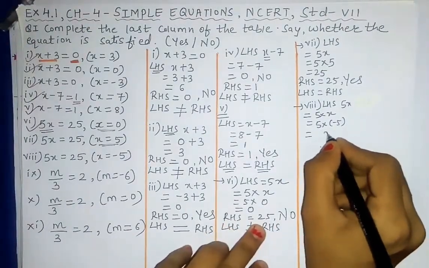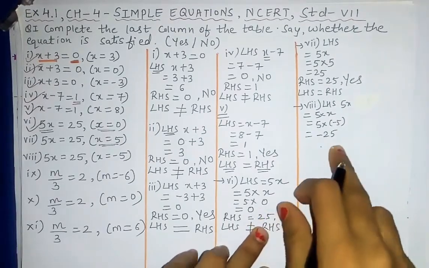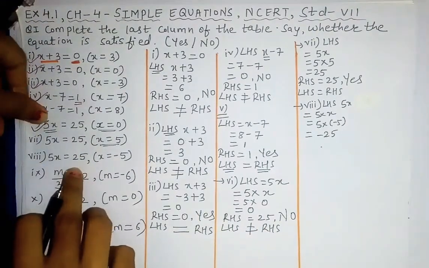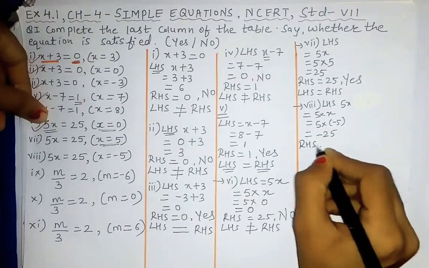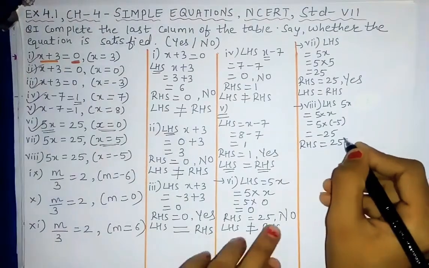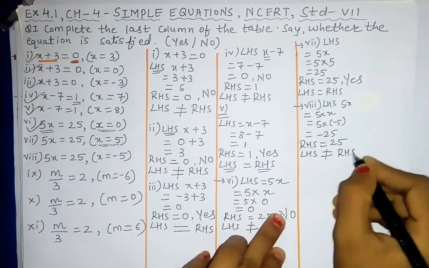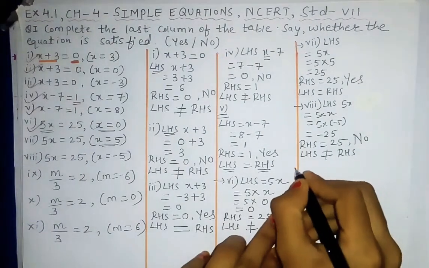So 5 fives are 25 and minus is given one time. So minus will come. So minus 25. So eighth answer we are getting minus 25 and our RHS part is given 25. So again LHS is not equal to RHS. So no, this is also not the correct value. So this was eighth one.